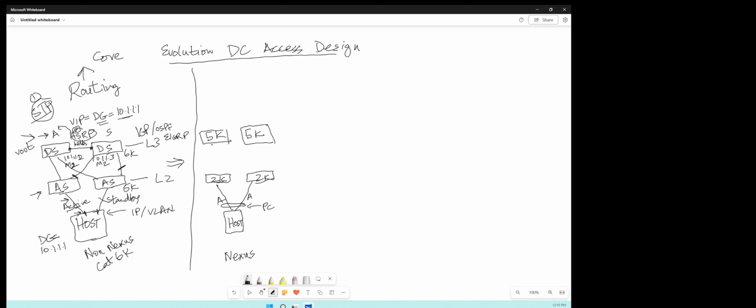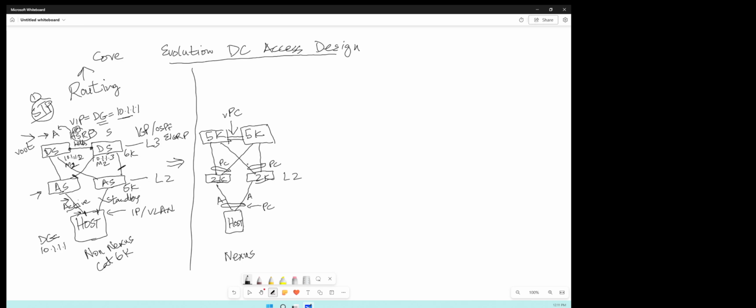And the 2Ks are pure L2 devices, just like in this design, but they also cross connect here with a port channel. And this link is also a port channel, but it's called a virtual port channel.